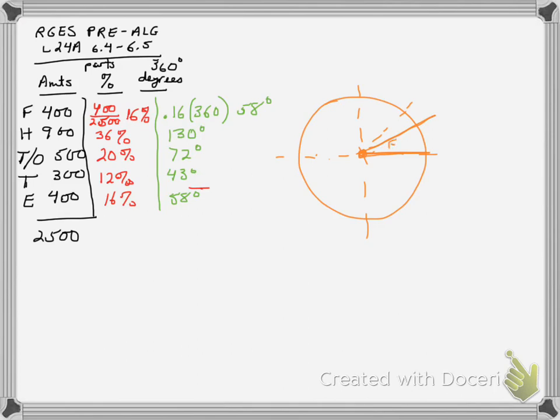And you would label it, and you'd label the amount or the degrees. Sorry, I'm having a hard time there. So, all right, let's try to get that written in better. 16 degrees. There we go.